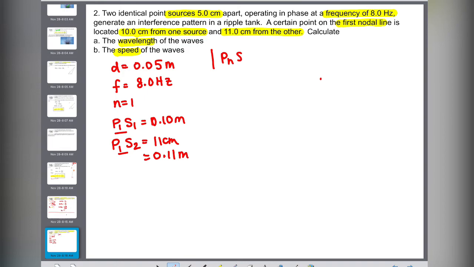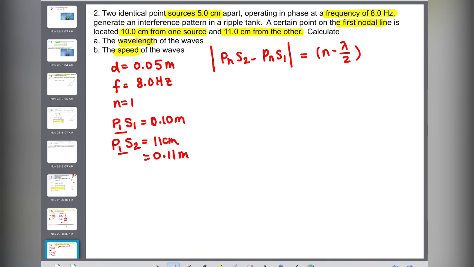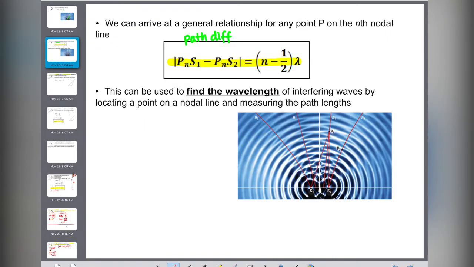Okay, so PnS2 minus PnS1. Does it matter if it's 1 or 2? It doesn't matter. The key thing is the absolute value. I only want the difference. So I take the big one and I minus the smaller one. I think that's the easiest way to do that. So n minus lambda over 2. I'm sorry, I lied.